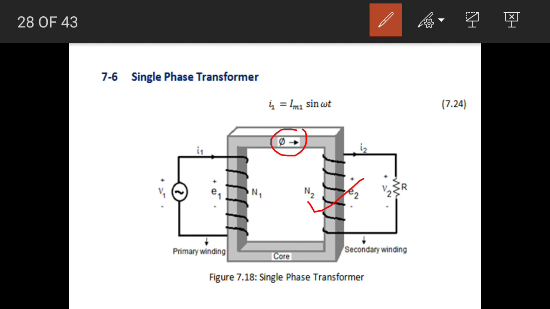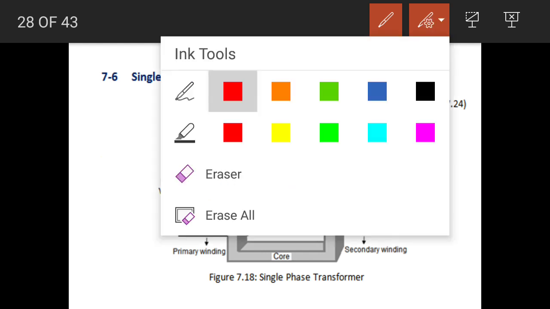So if we place a winding or a coil in a time varying magnetic field, voltage will be induced across this winding. So the time varying magnetic flux will generate a voltage across this winding, which is represented by E2.